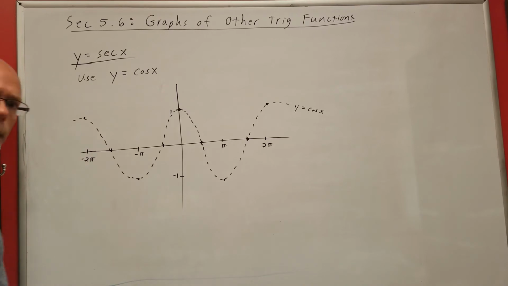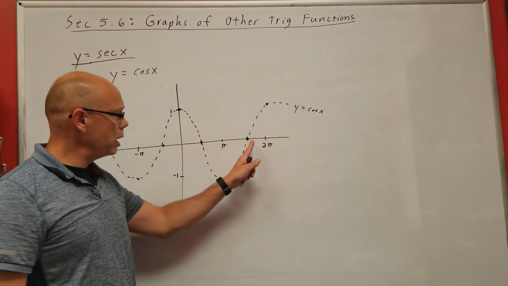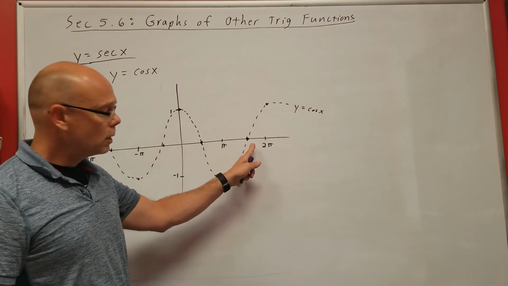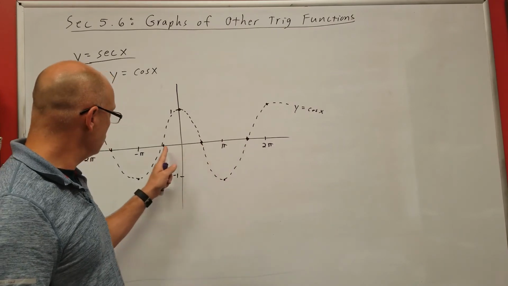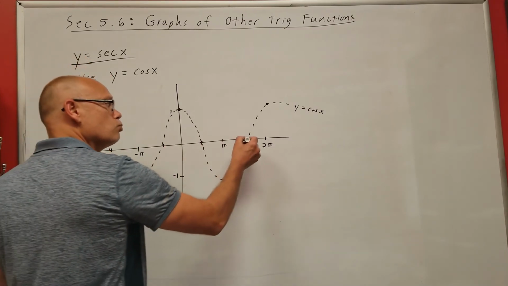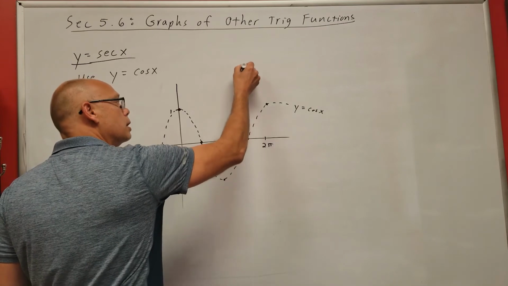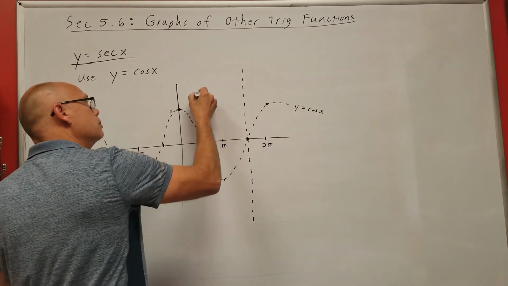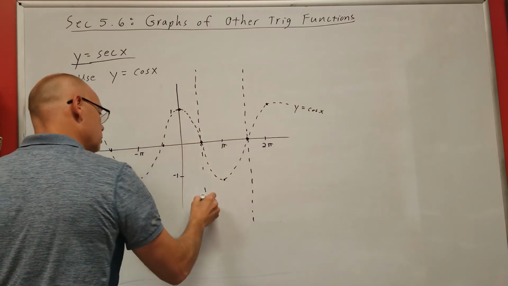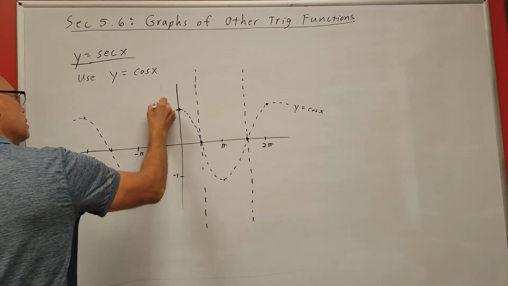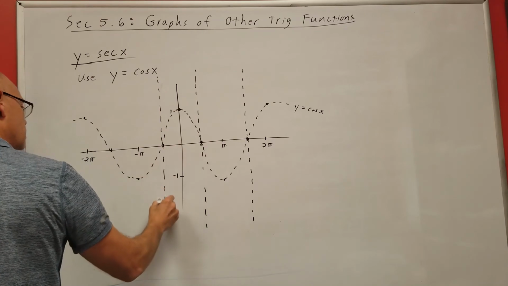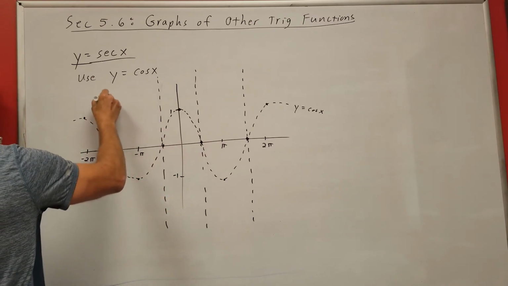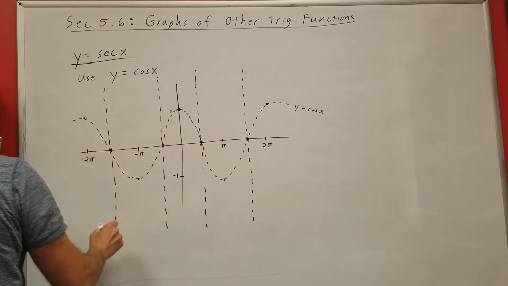All right, just like the last example we did, everywhere this cosine has an x-intercept, we're going to have vertical asymptotes. So we're going to have one right here, one right here, one right here, and one right here.